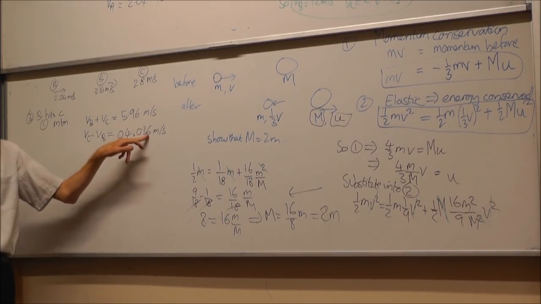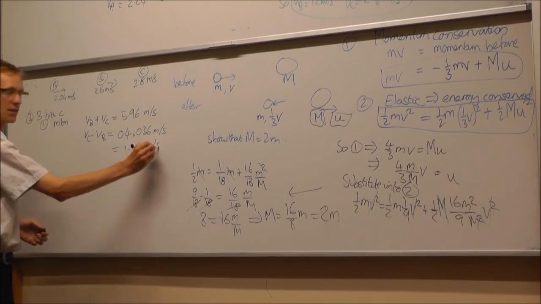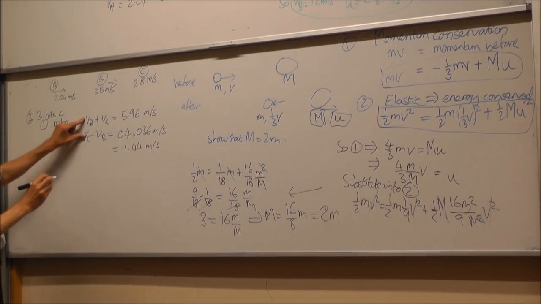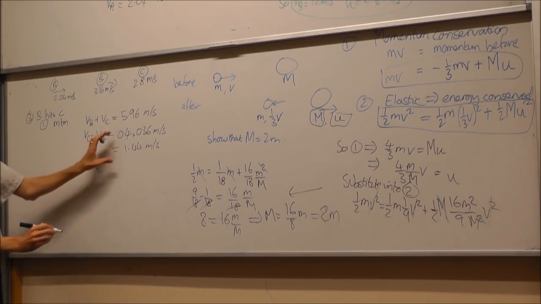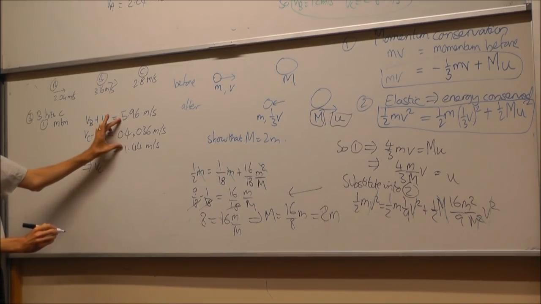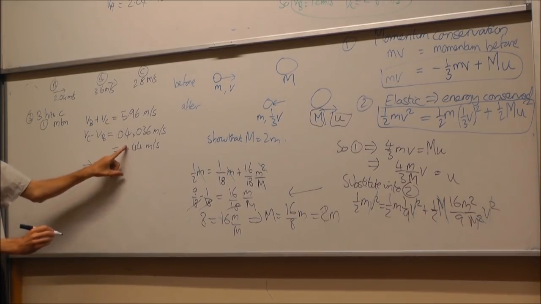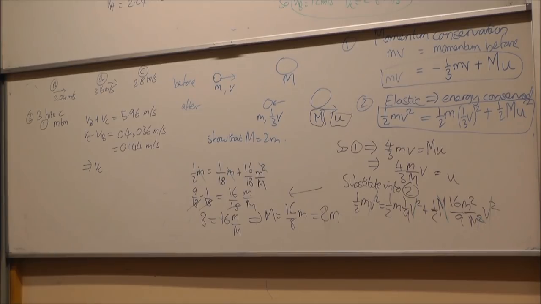So 0.4 times 0.36 is 0.144 meters per second. Therefore, add them up and divide by 2 to get VC. Should be 0.144, I think. Is that right? Yes. 0.144. Yeah.